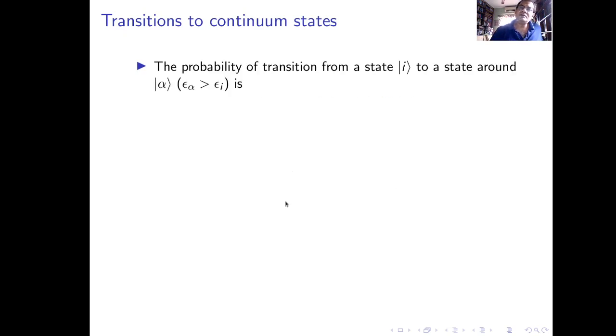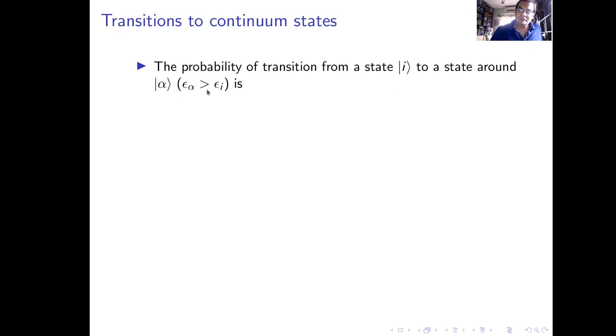Now comes our question about what time-dependent perturbation theory says about transitions from a state I to a state around alpha, where we have taken epsilon alpha to be greater than epsilon I just for convenience.